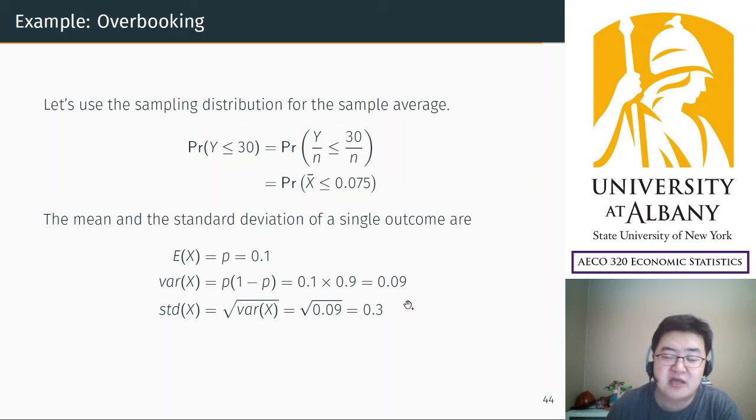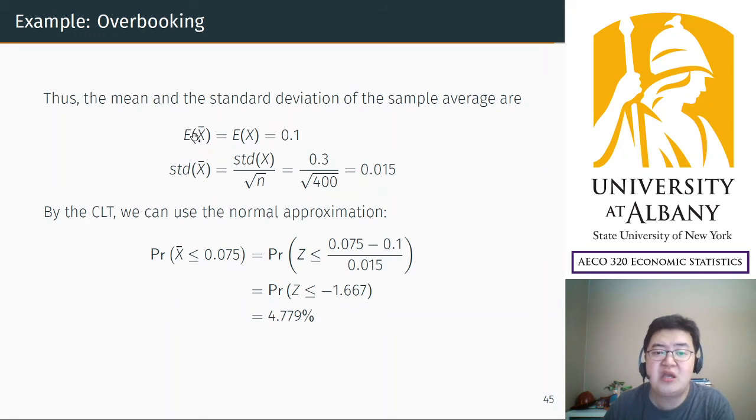And it's a nice number because when you take the square root, you get 0.3. So the standard deviation of a single binary variable is 0.3. The mean is 0.1. So using these two values, we have the mean and the standard deviation of the average.